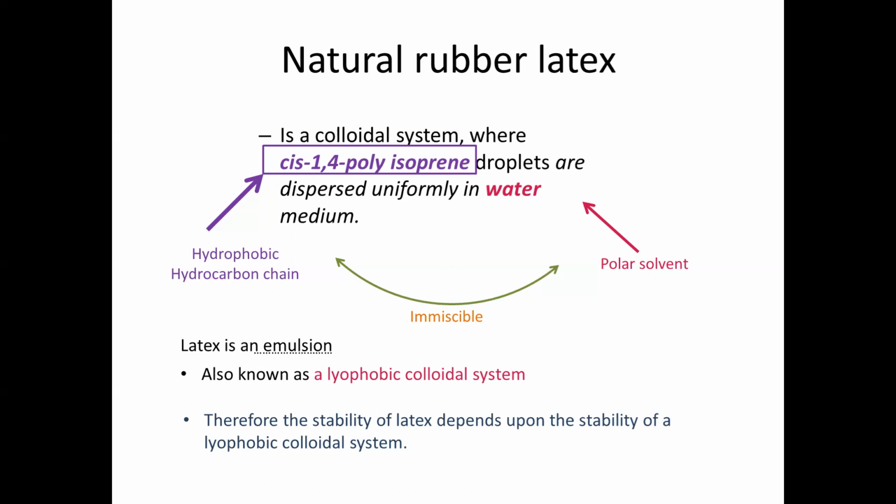You have to know hydrophobic hydrocarbon chain, polar solvent, both are immiscible with one another. Therefore, latex is an emulsion and also a lyophobic colloidal system. So if you need to learn about the stability of natural rubber, you need to learn about the factors affecting stability of lyophobic colloidal systems.